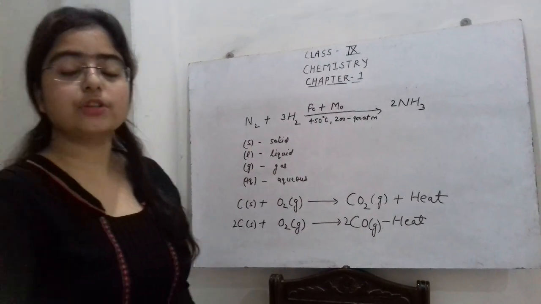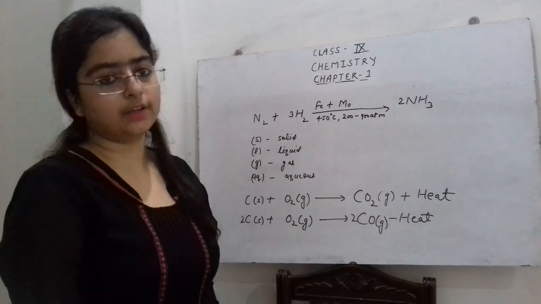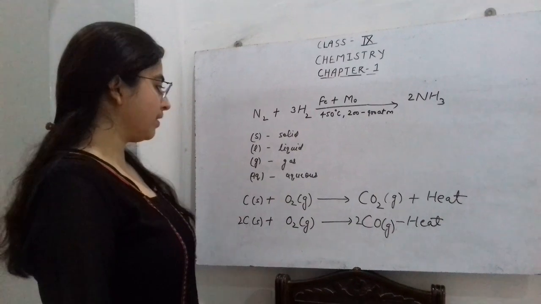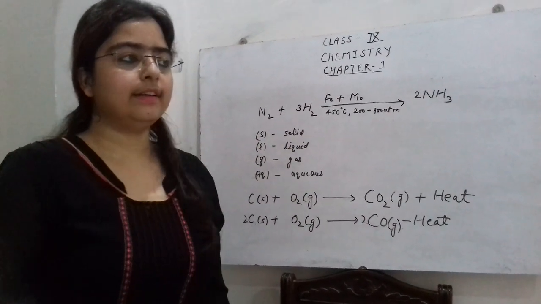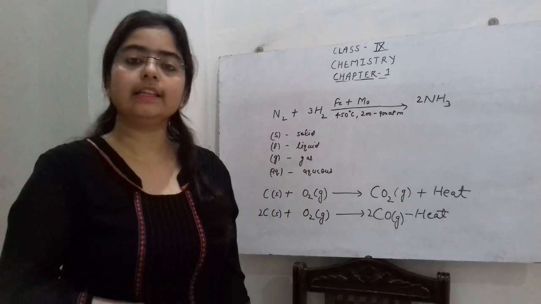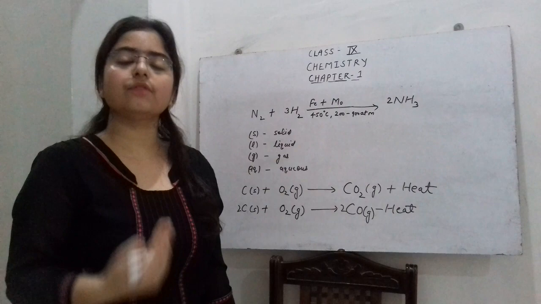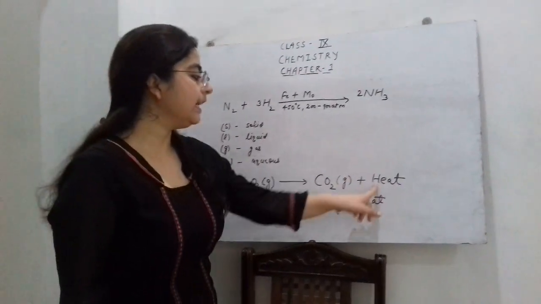Aqueous solution is the solution in which the solvent is water. So we can tell the physical state of the reactants and products by using these letters. Also we can write the information regarding the heat, whether the heat is absorbed or is evolved during a chemical reaction, by adding a heat term.